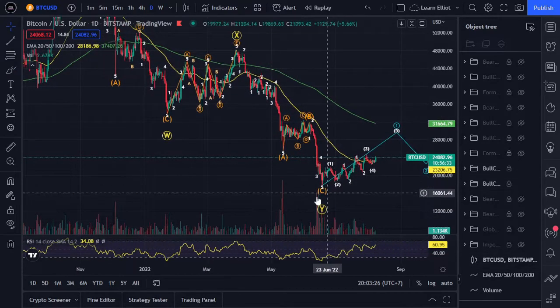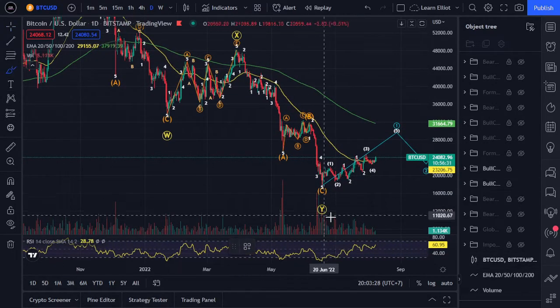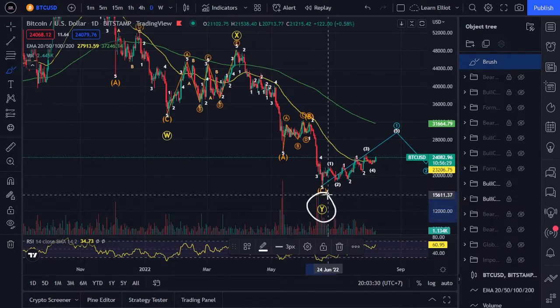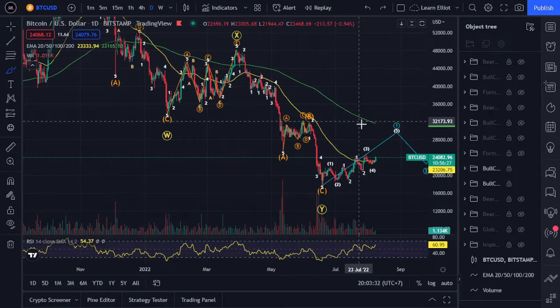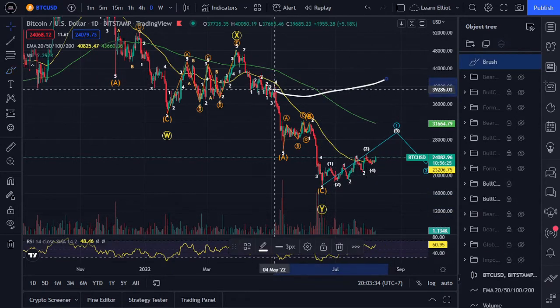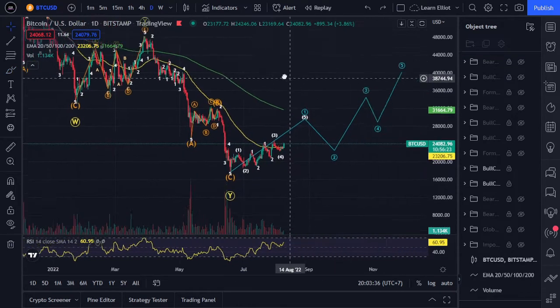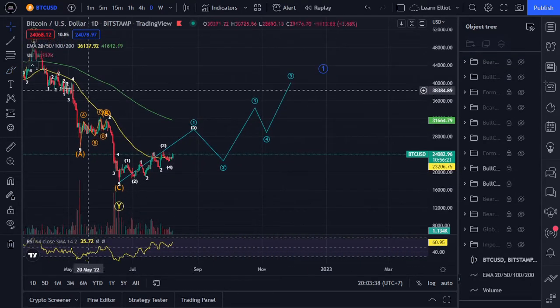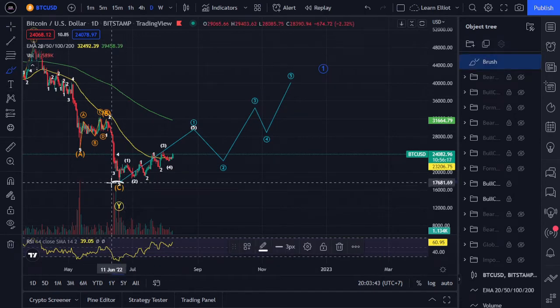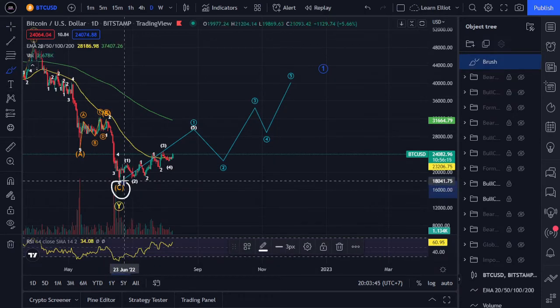Now after this triple correction is complete, which I can assume is already complete in this bull case scenario, we are going to have another impulsive move upside from the 17k low here.